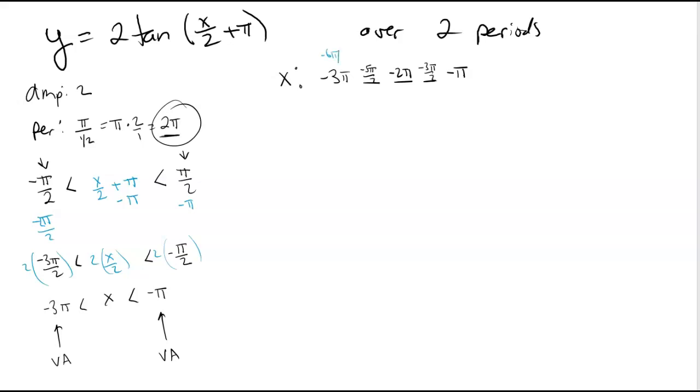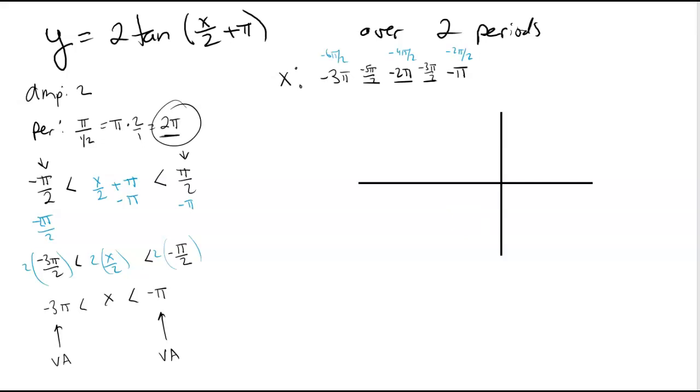So negative 6 pi over 2, negative 4 pi over 2, negative 2 pi over 2. Again, important so that I know that I have a good increment. All right, so let's see. I have more negatives right now, so I'm going to move my graph just a little bit more, potentially that way.